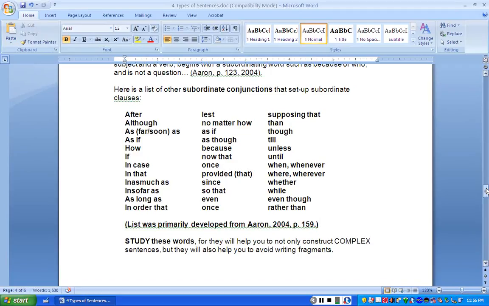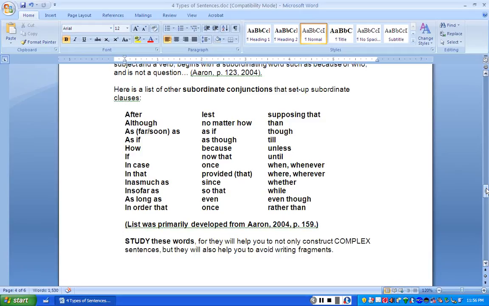A dependent situation. Now, whether we say dependent clause, or independent or dependent clause, or subordinate clause, I want you to think of those as the same thing. So don't let the language the English teachers use confuse you. Okay? Really, what I'm saying is that they're incomplete in nature.